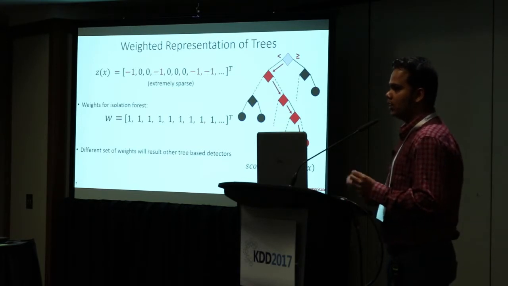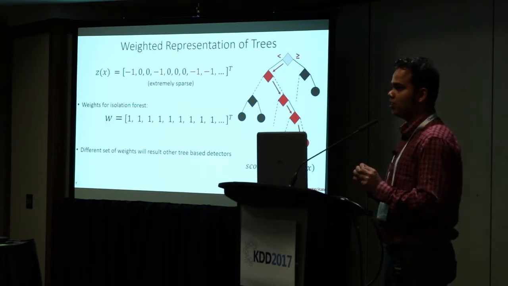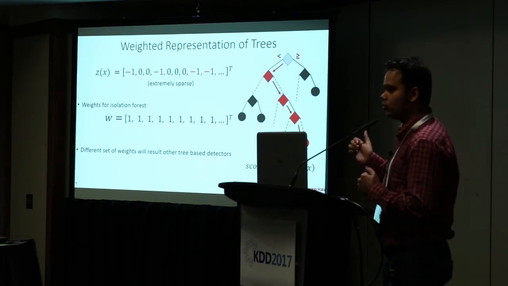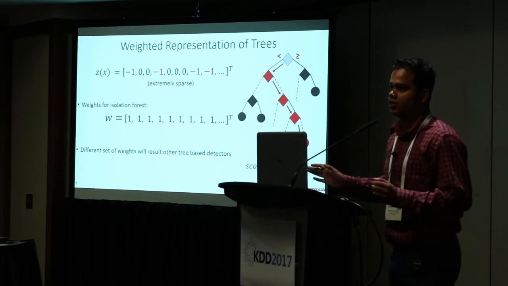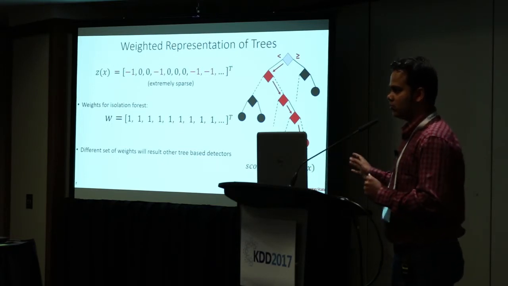We are assigning binary features on each tree node. If an instance goes to that node, that feature is active. We are assigning the corresponding value 1. So z of x will be the feature representation for this x.